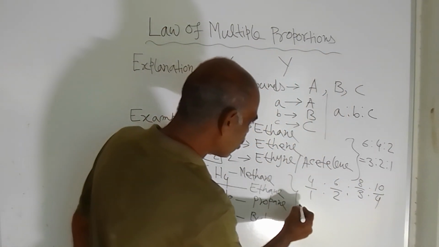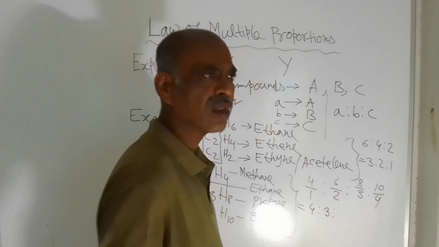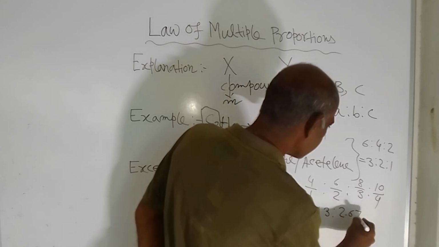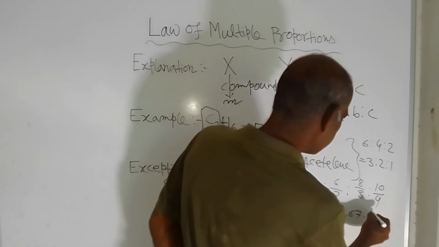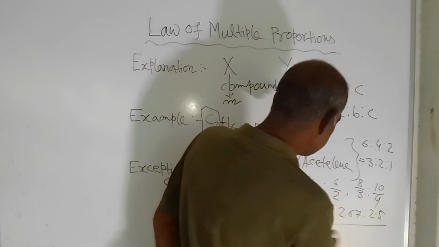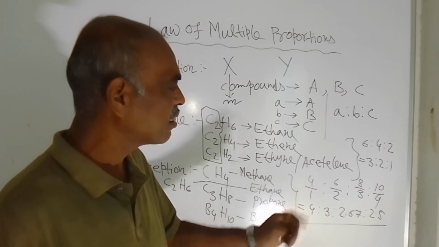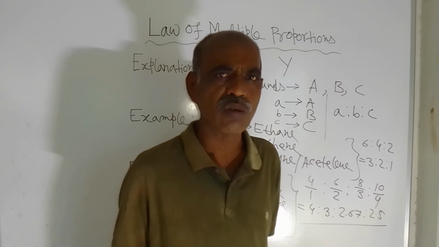Okay, so what is the ratio? It is 4, it is 3, 8 by 3, 2.67, and 10 by 4, that is 2.5. So you can see that the ratio is like that. 4 is to 3 is to 2.67 is to 2.5, and this is not a simple ratio.